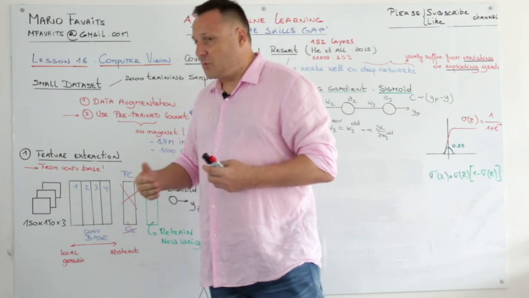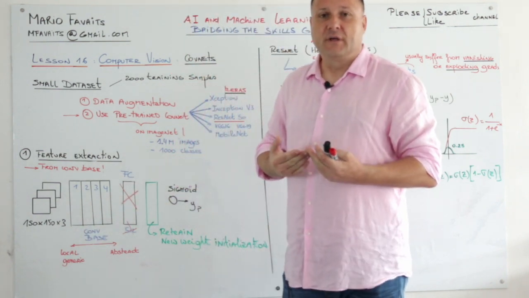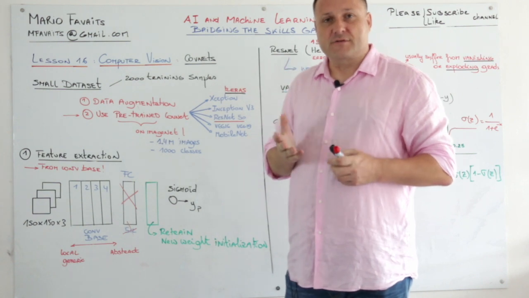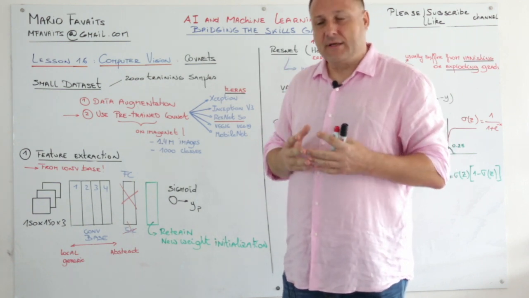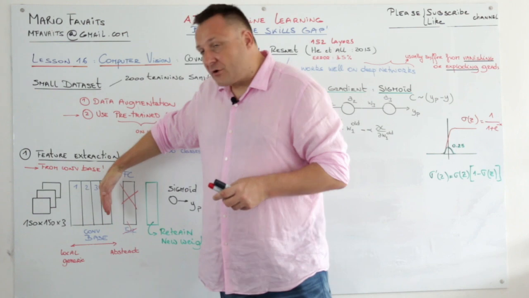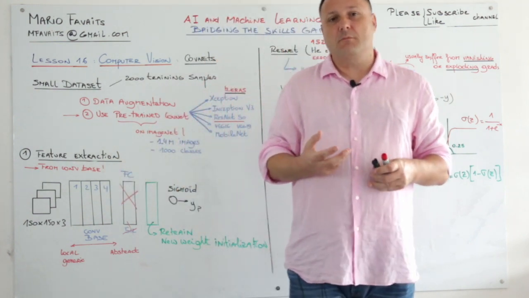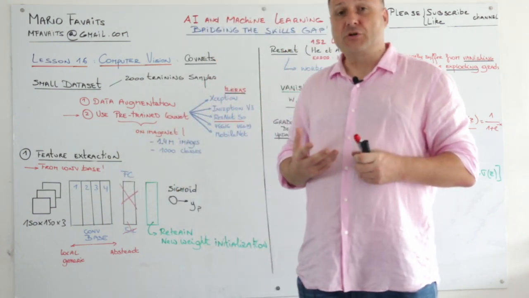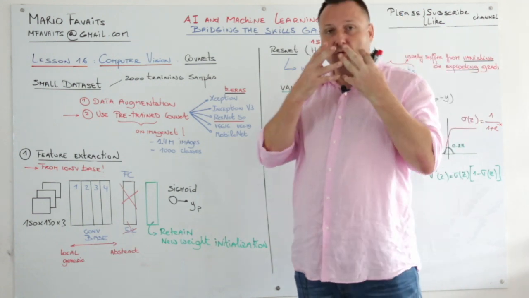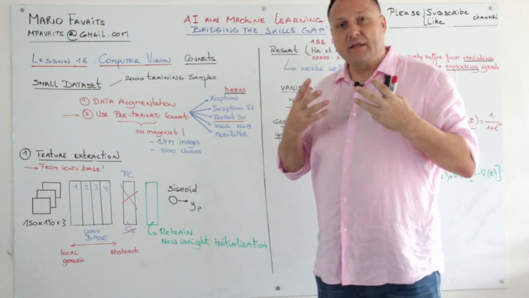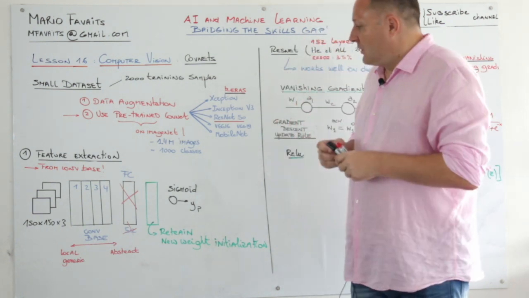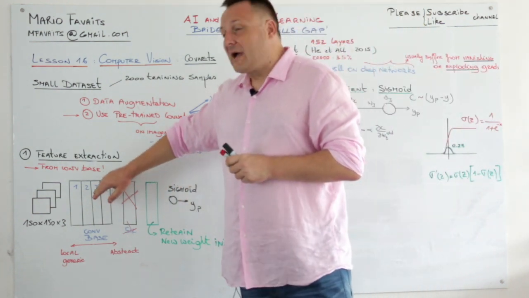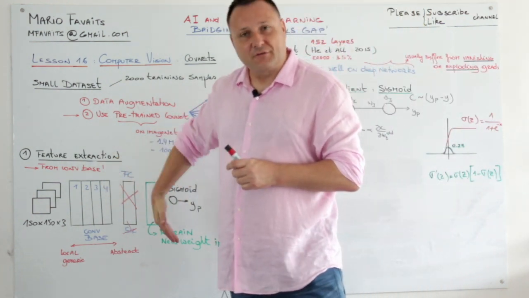Because we know that the first few layers are going to detect local features like edges and so on. Once you go deeper into the network, you take more abstract features, like the eyes or the nose or the head of a cat and so on. So you might not be willing to go that far.